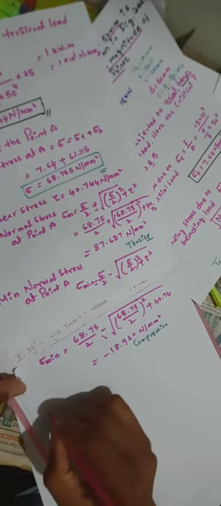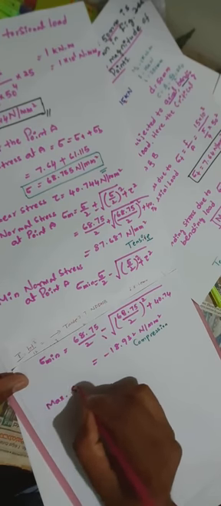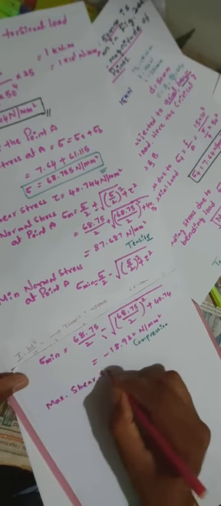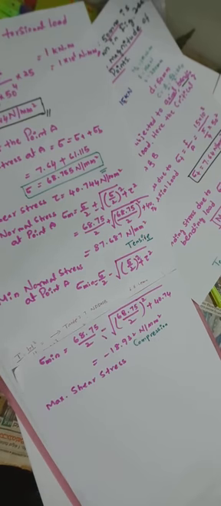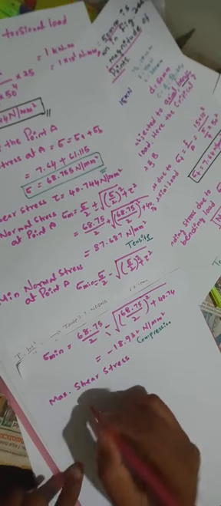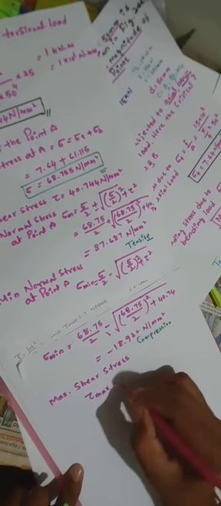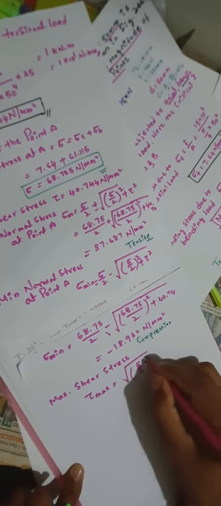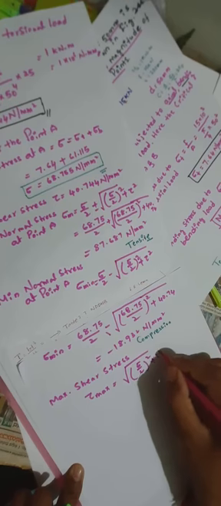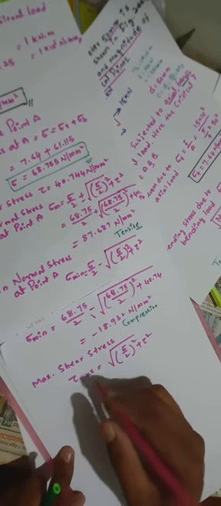Here we need to find out the maximum shear stress with respect to point A. Tau max is equal to square root of sigma by 2 whole square plus tau square. This is the formula used to find tau maximum.